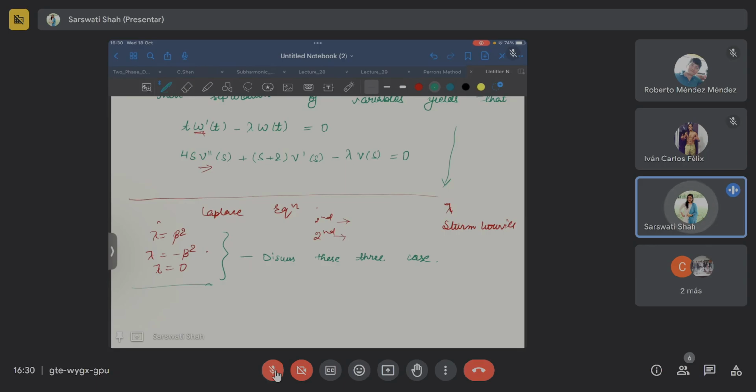But since you have your exam and these are very basic things which we have done in the Laplacian equation, I would like to ask you, please do this analysis, and in the next class I will only write the solution when you come with the analysis of this. This will take only 15 minutes. So do this analysis, write the value of lambda as beta square, minus beta square, and lambda equals to 0, and see what is happening. This is your homework.